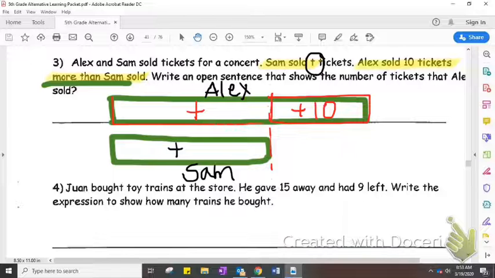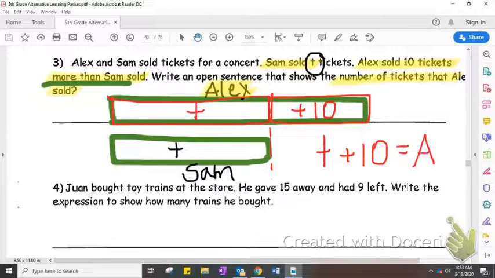This part of the bar model here represents T. Okay, it says write an open sentence that shows the number of tickets that Alex sold. So we're looking at the Alex bar model, and I see the Alex bar model is showing me T plus 10. Okay, T plus 10, we could even do this, equals A, equals how much Alex sold.